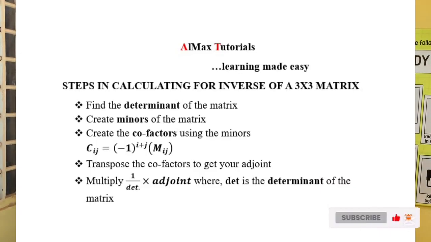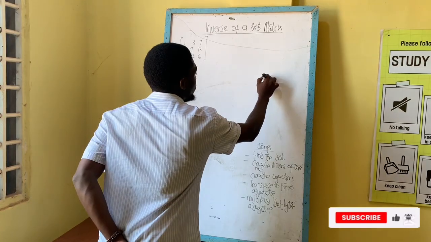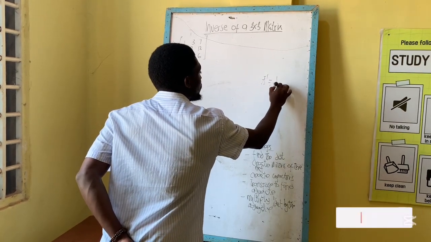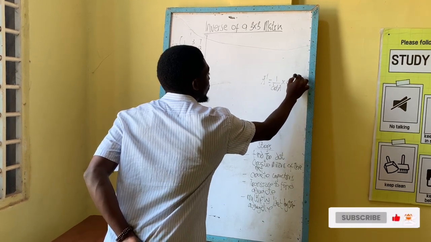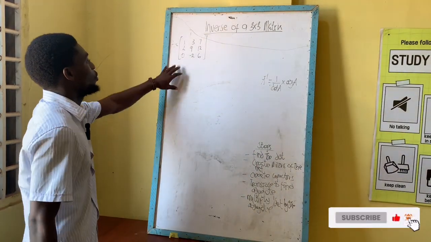Then you multiply 1 over determinant by the adjugate. That's the inverse of a matrix. That's the formula, which is given as inverse equals 1 over determinant of the matrix times the adjoint or the adjugate of the matrix. Now, as the formula goes, we have to first find the determinant of this particular matrix.